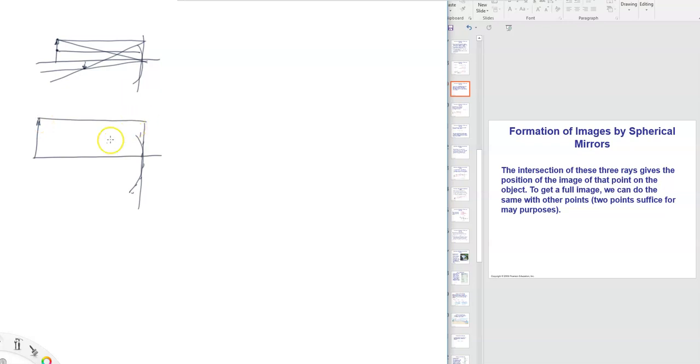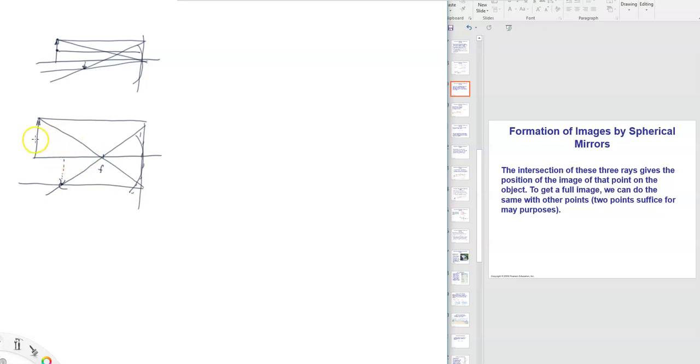So the tip appears, let's say this is F. And when that goes through F, it reflects horizontally. So the image appears over here. Now this is not to scale. I didn't measure anything. I'm just showing you a diagram, right?